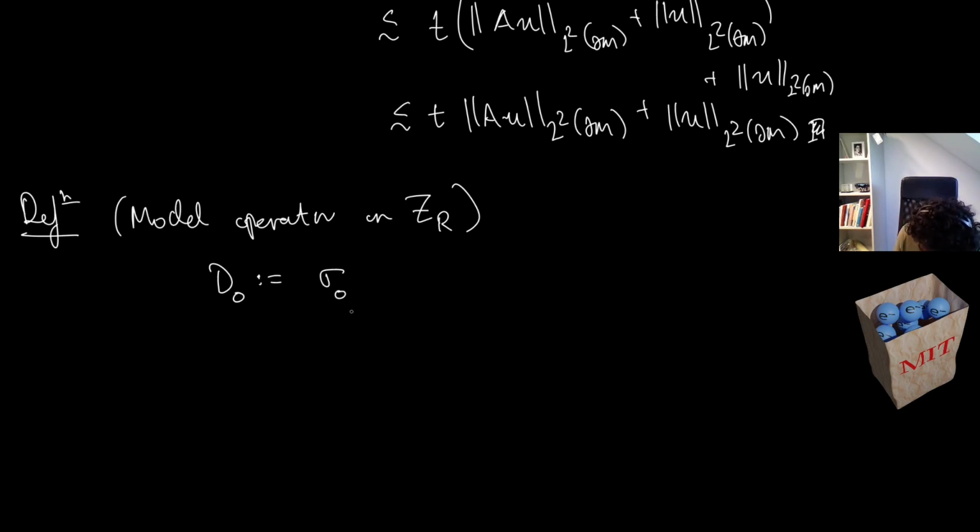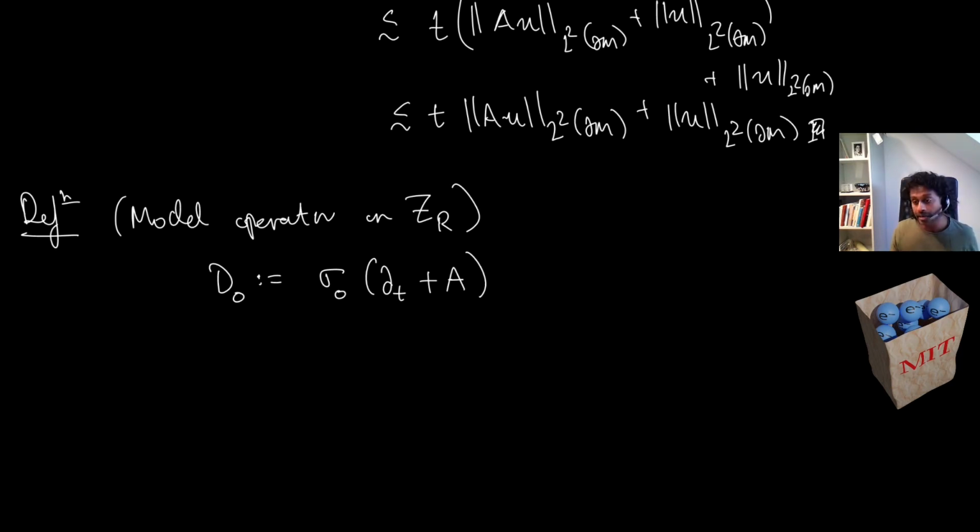Remember, sigma naught is the symbol in the covector field direction tau, right? So I'll just write that out in a second. So the operator I want to consider is this.